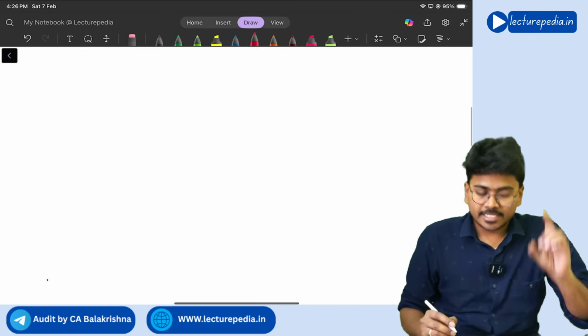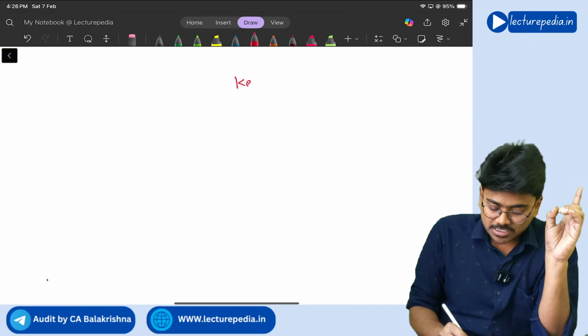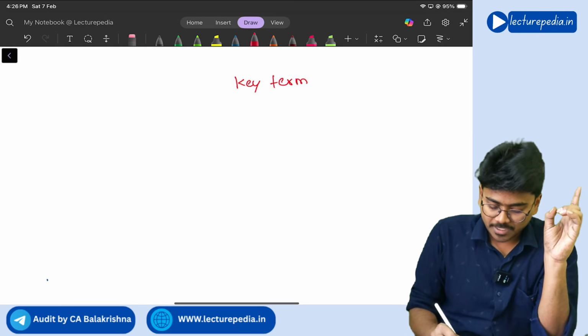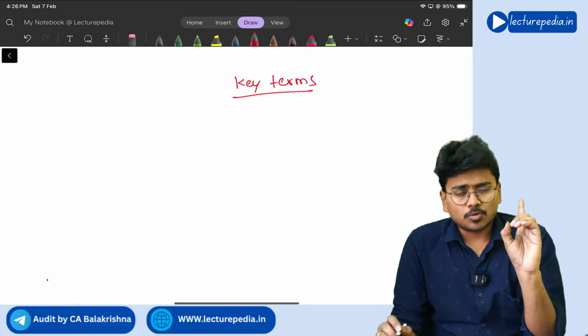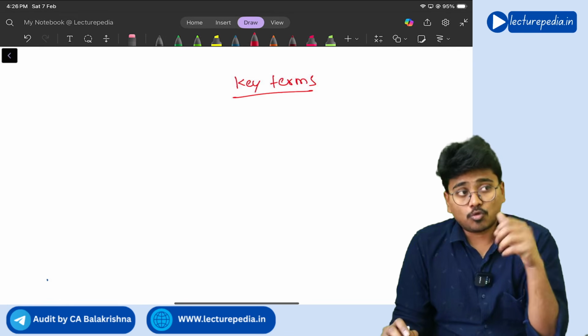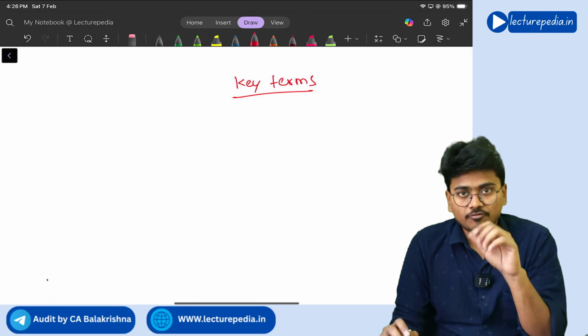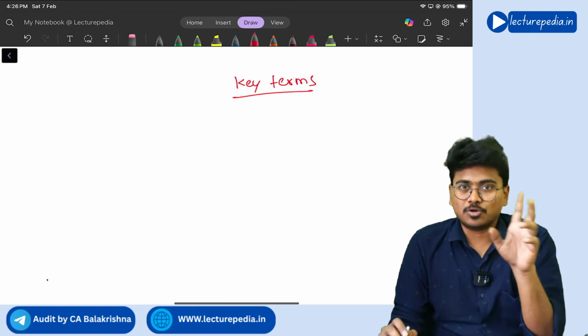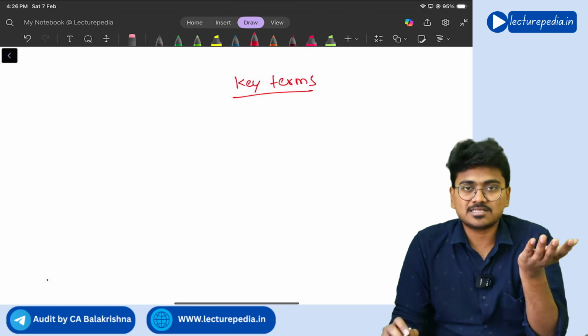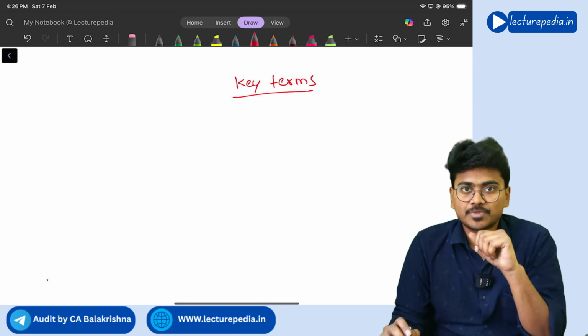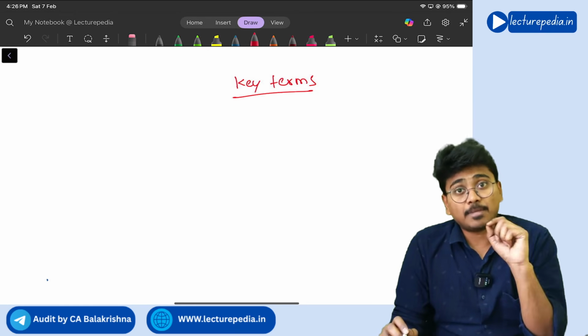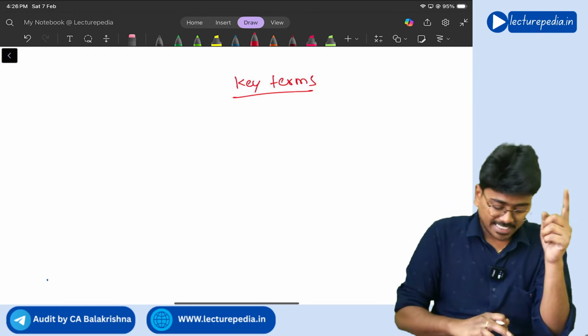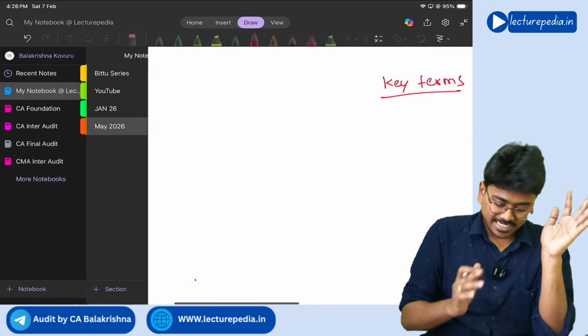In audit, you need to focus on key terms, right? Now, what are key terms? Will you be able to identify them by reading the ICAI study material? No, because the ICAI study material is black and white, so there is no specific marking for key terms. So you take an author's book which has key terms marked.